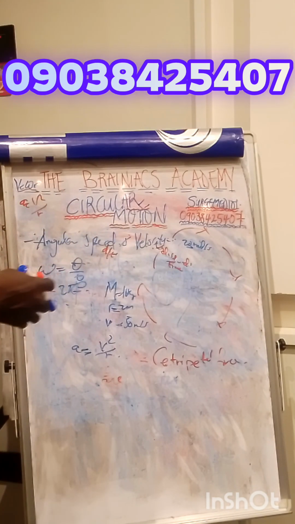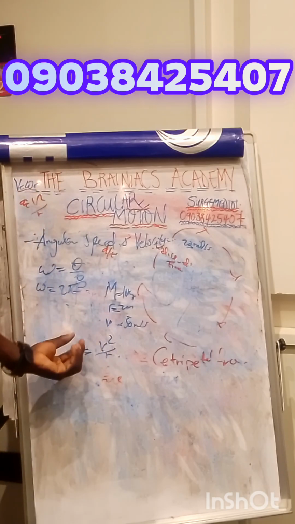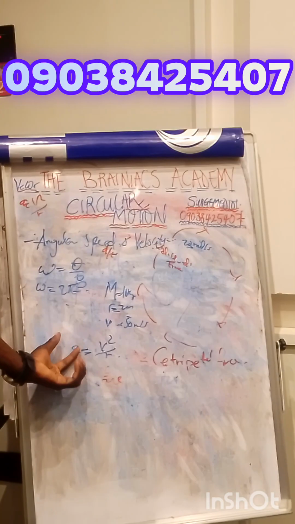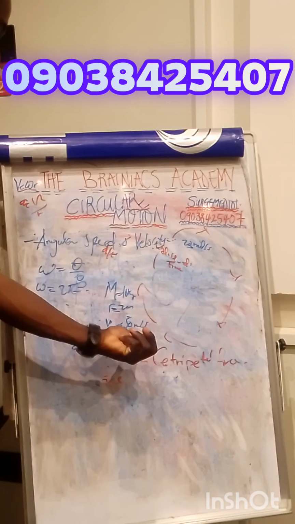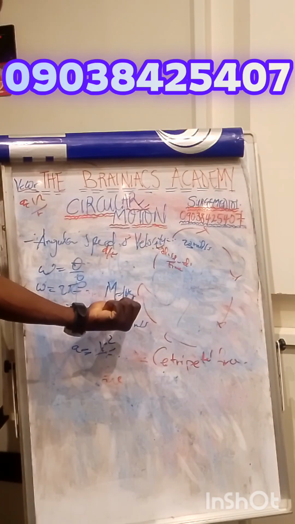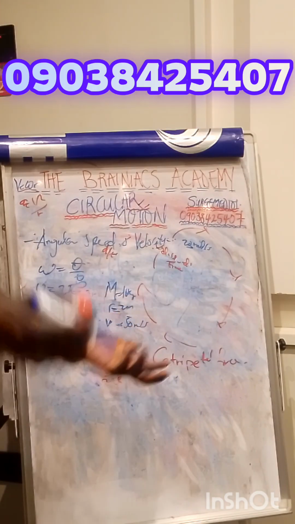You have to take note of all these things. So how do you calculate your centripetal acceleration? It's given as v squared over r. What is your v? 50 squared. What is your r? 2. Are you with me? So your 50 squared divided by 2, do it.